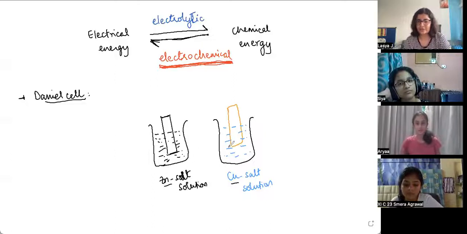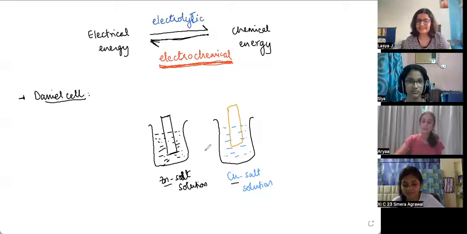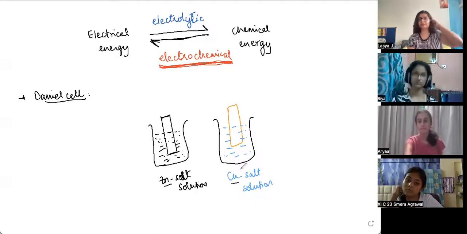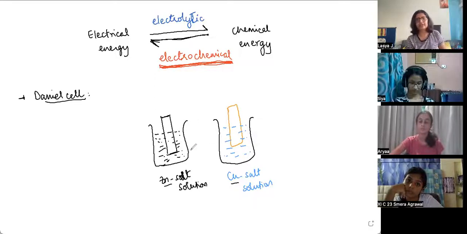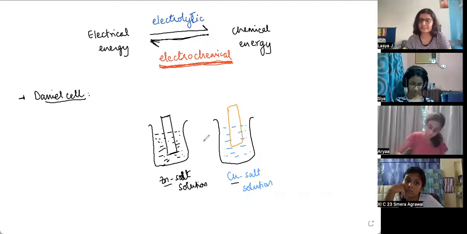If you use zinc and copper, you will find out for zinc and copper. But I'm talking about the setup: taking an electrolyte and the pure metal pairing and connecting it with a wire and voltmeter, that whole setup.